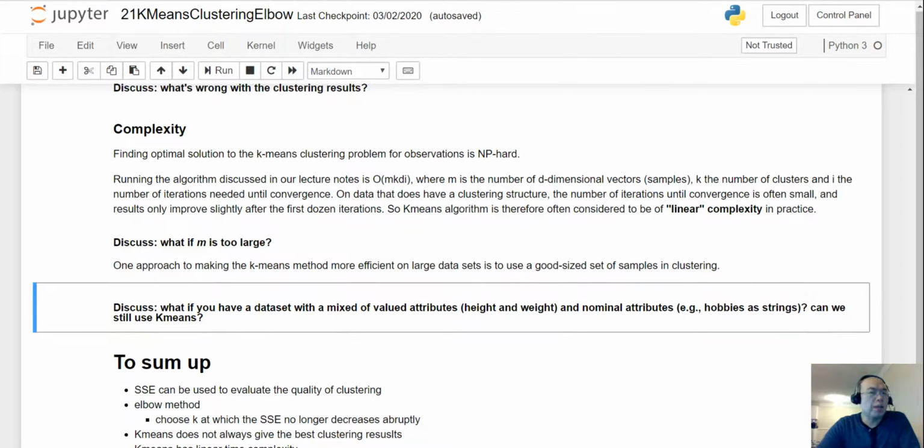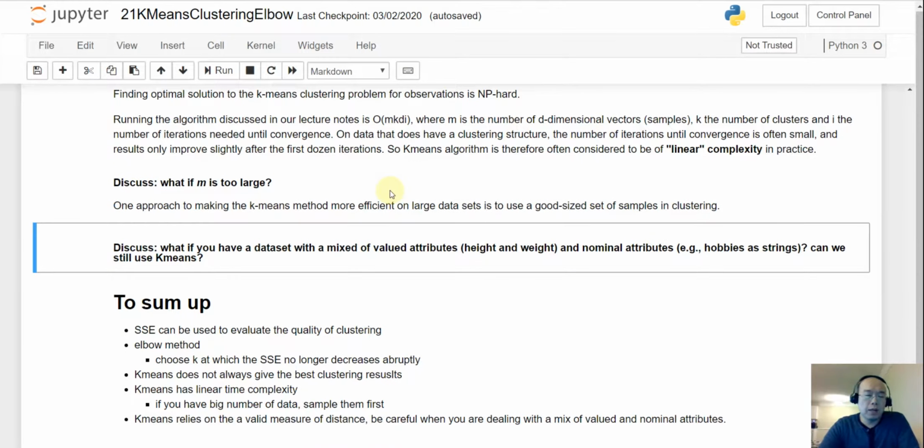It can be really hard. So if we cannot come up with a valid distance measure, then probably k-means is not that useful, or we have to justify the distance measures before we move on and do the k-means.